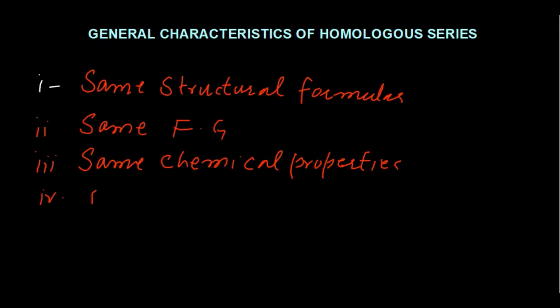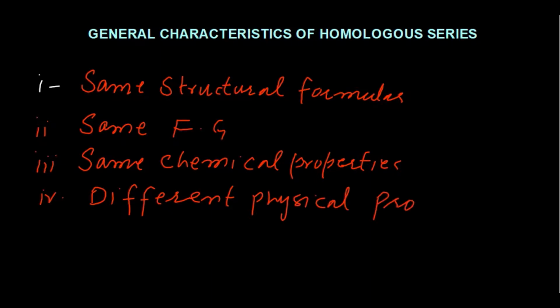Now, the next important characteristic: they have different physical properties because different members of a homologous series have different molecular masses. Since their molecular masses are different, they have different physical properties.